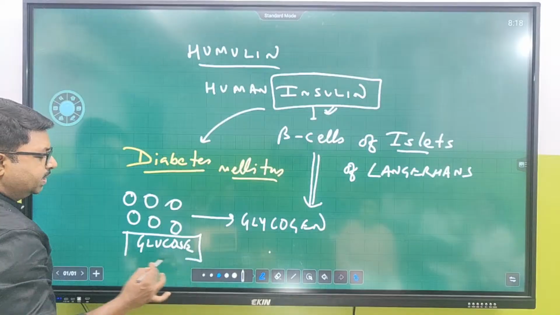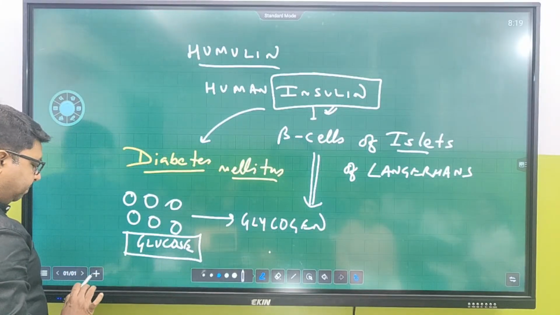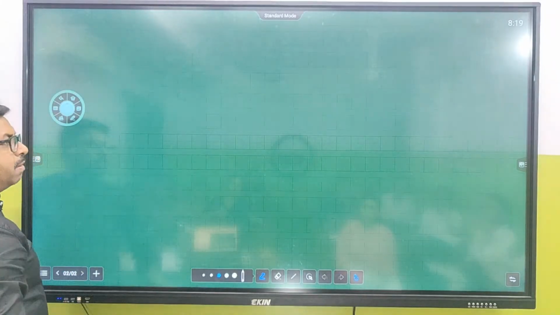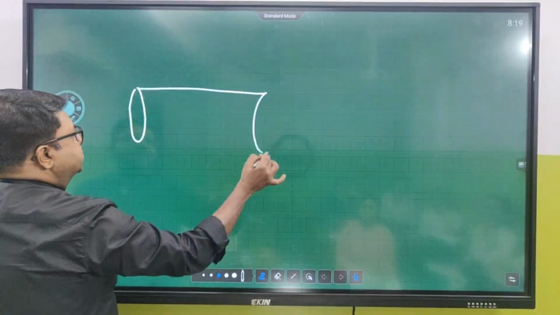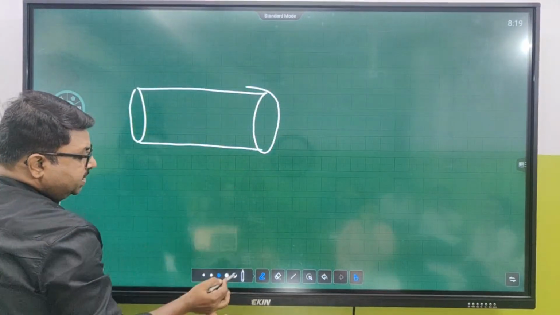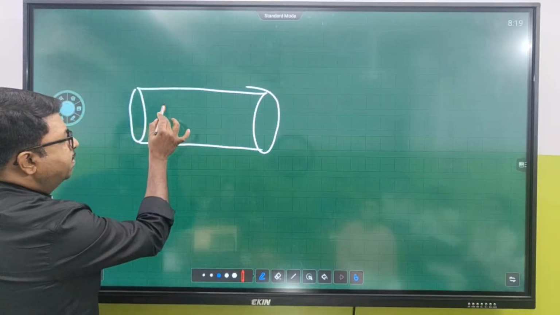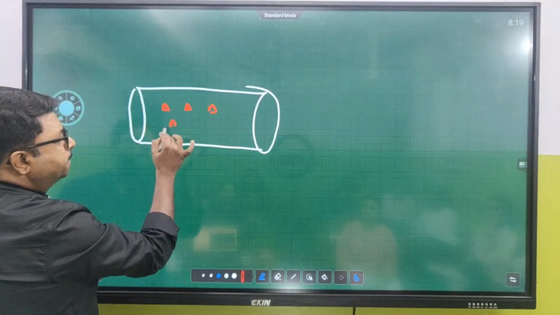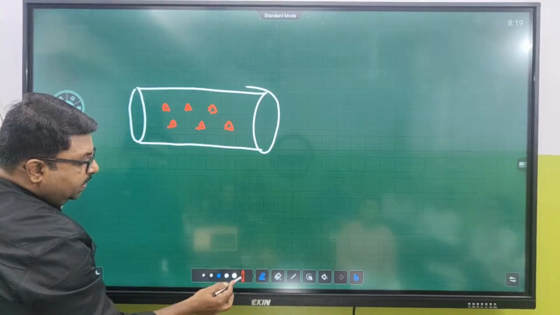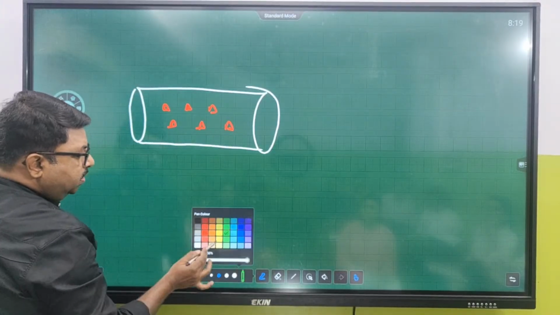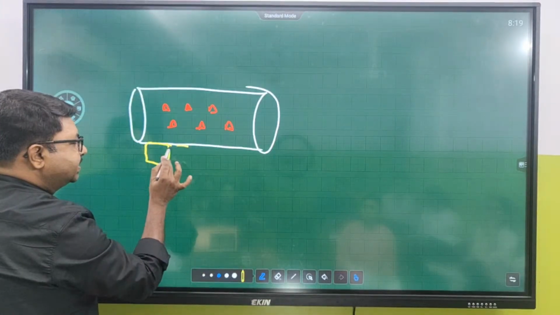But what you have to know is, inside the bloodstream, if you have got a huge amount of glucose, this glucose needs to get inside the cells of your body.